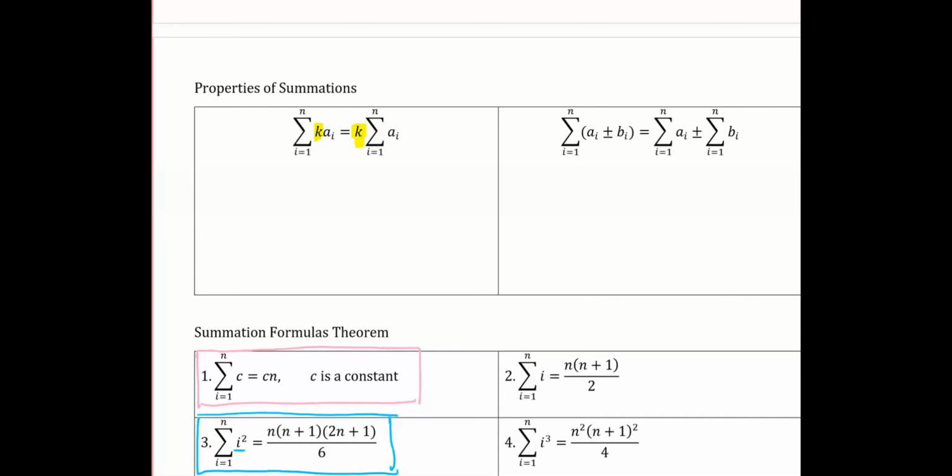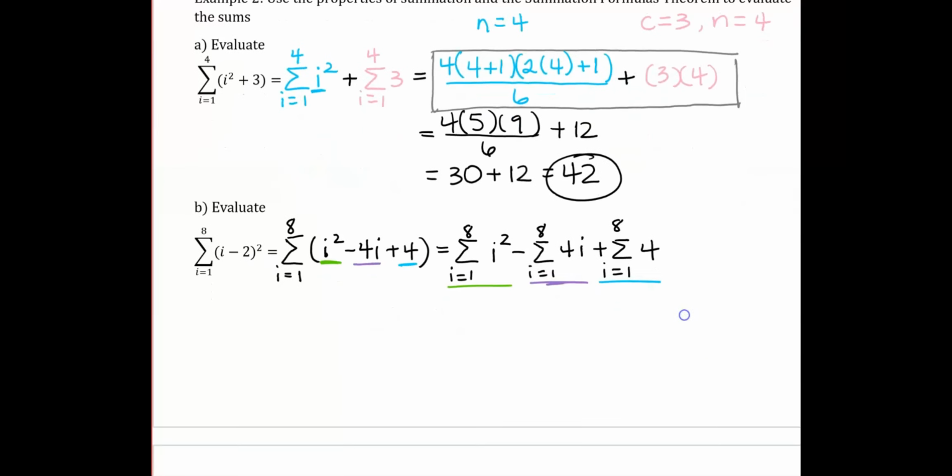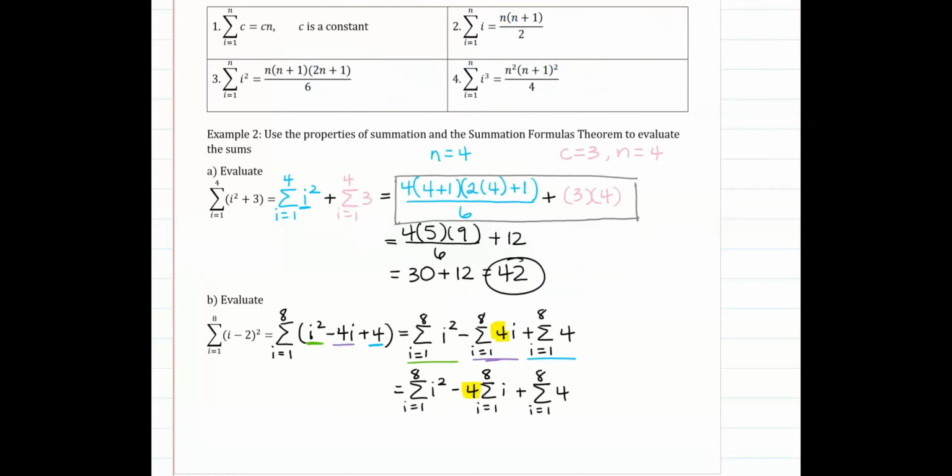I'm going to use that on the second summation, because we have this 4 in the front, and so I pull that 4 out in front of that summation. Now we have that 4 on the outside of the sum, which just leaves us with I on the inside in that second sum, and that's good because then we can use this second formula to evaluate that second sum.